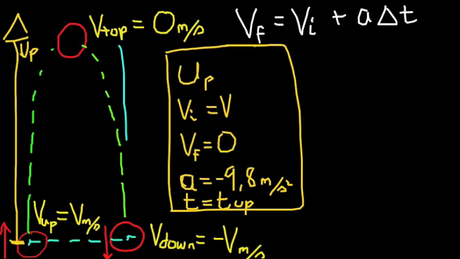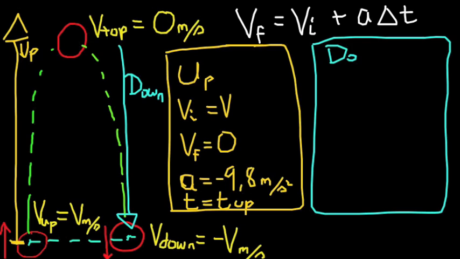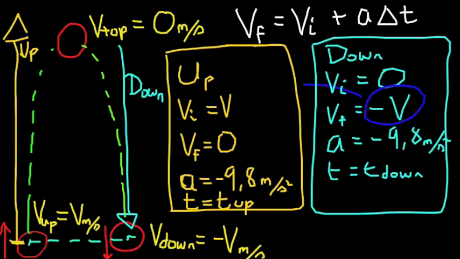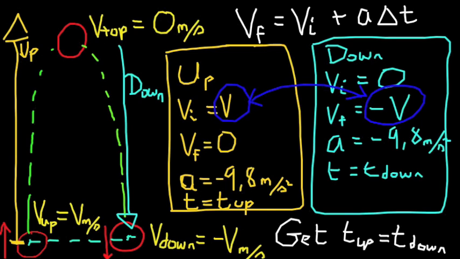Going down, on the other hand, we get the initial velocity of 0 meters per second, the final velocity is v meters per second down, the acceleration is g, and the time to travel this is t down. But we already know that v up is actually equal to negative v down, and therefore you can solve these equations to get the result that the time taken to travel up is exactly equal to the time to travel down.